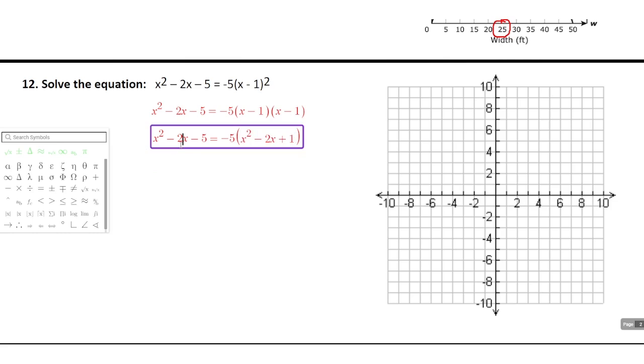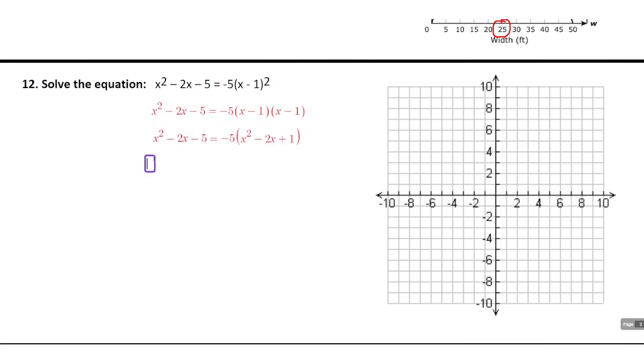And so now I'll distribute that 5 before I move everything over to the same side. Negative 5 times x squared is just negative 5x squared. Negative 5 times negative 2 is going to be positive 10, and then we got the x, and then we have a minus 5 at the end. Now we are going to start moving things over to the left-hand side so we can get this thing equal to 0.